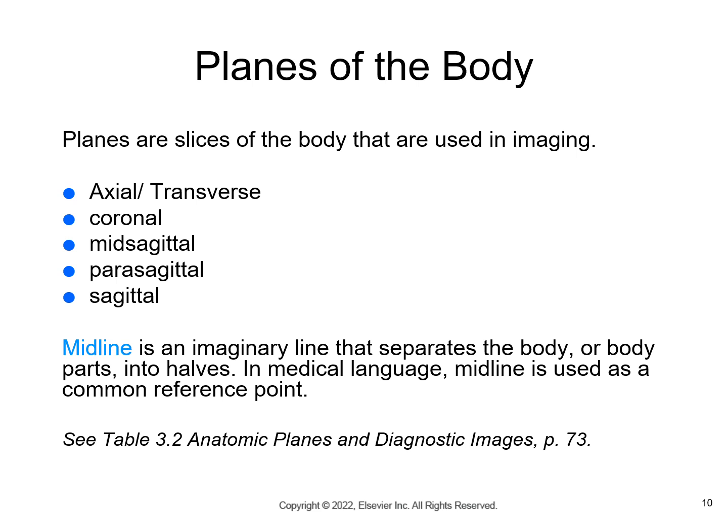A parasagittal section is any other sagittal section that is not in the midline. The midline is an imaginary line that separates the body into two equal halves. So your mid-sagittal plane is in the midline. Anything not in the midline that is cutting into a right half and a left half would be considered a parasagittal section.